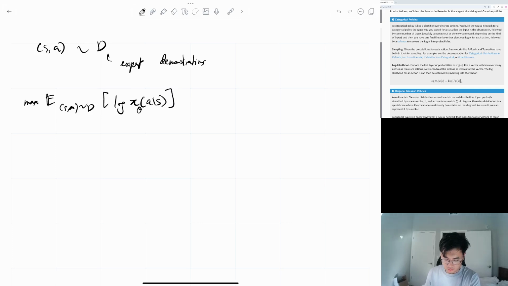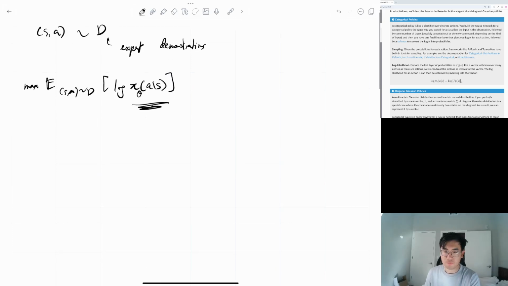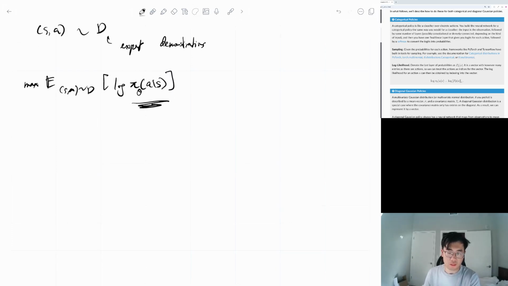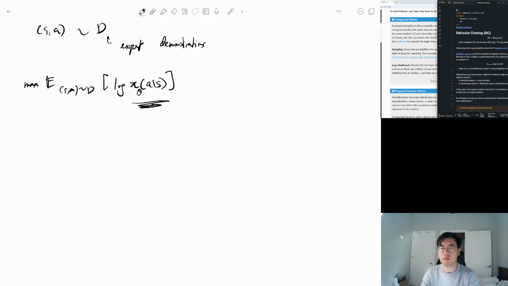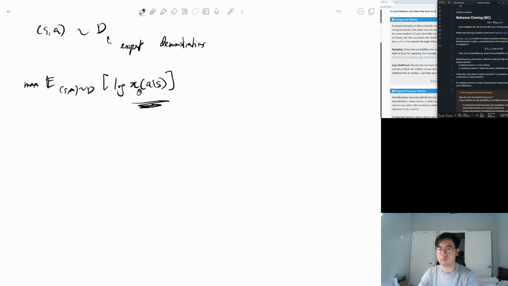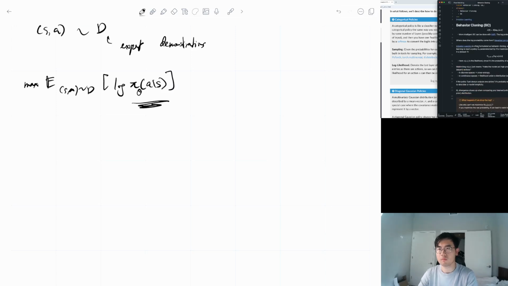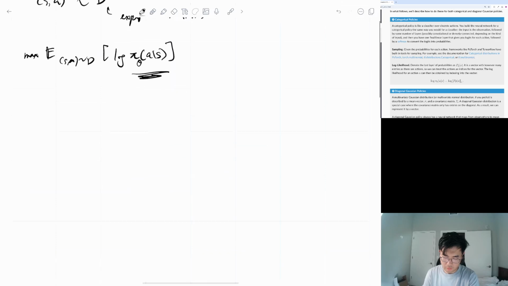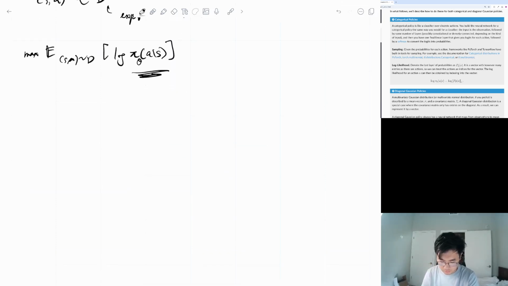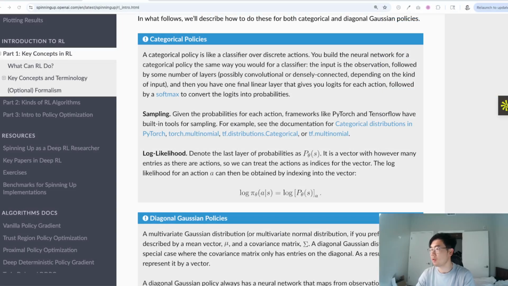Now, how do you actually maximize this? This doesn't mean anything on its own, so it depends on how your model is implemented. If it's a categorical policy, you can expand this out.